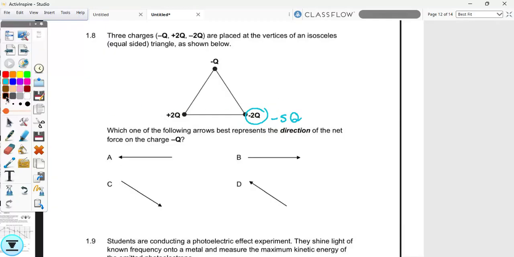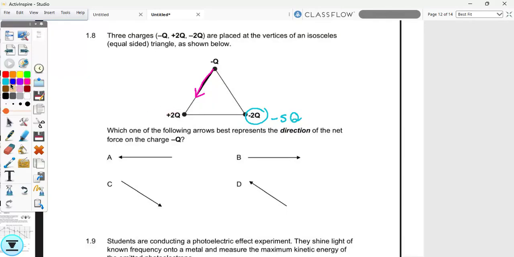So now if we're drawing the free body diagram, there's still this force pulling it this way. That pink force pulling it that way is still there. But that will now be a smaller force than this one, because the repulsion force is now because of minus 5q and this is plus 2q.